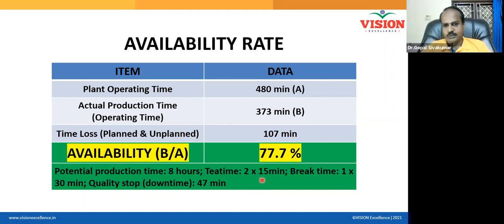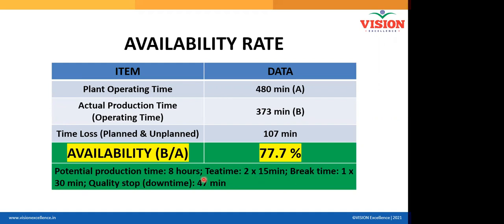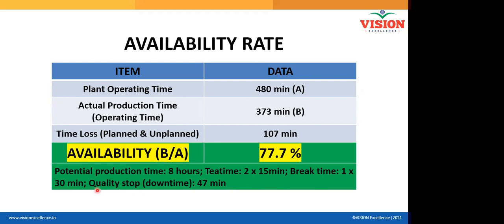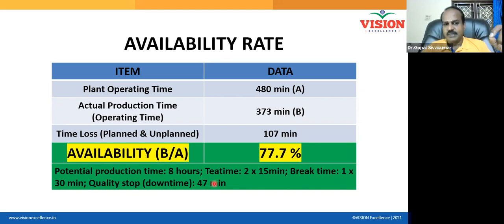Tea time, 2 tea breaks and 1 lunch break. How much is it? 60 minutes. Am I correct? Yes, sir. Then there is a quality stop for 47 minutes. 60 plus 47, 107 minutes. Out of the 480 minutes, 107 minutes is downtime.